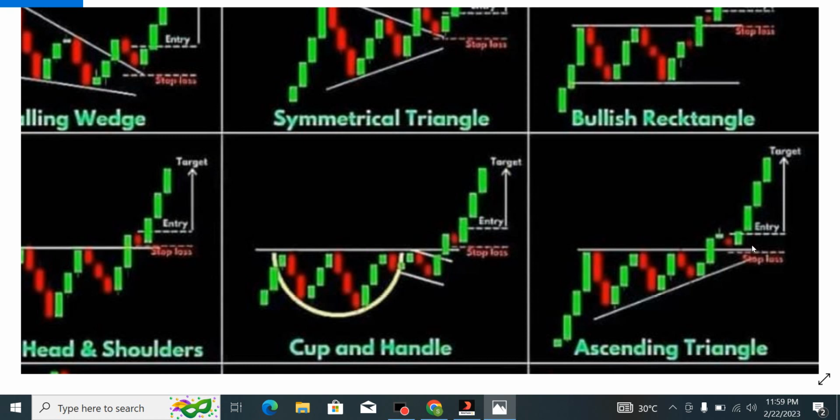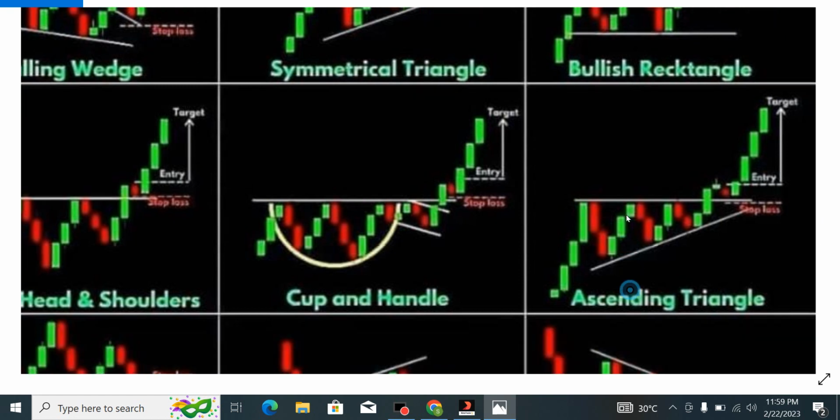So this is on a parallel line, and this is slanting towards it, so it is being narrowed down right here. It shows that it is an ascending triangle trying to break out above this resistance zone, but doing it gradually until it was able to break out from there. So we have our entry point right from here, and the stop loss is on the horizontal line. So that is it. Now let's look at more.